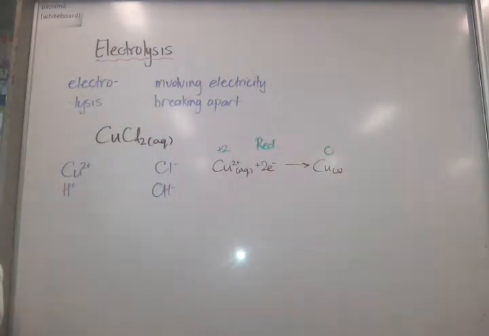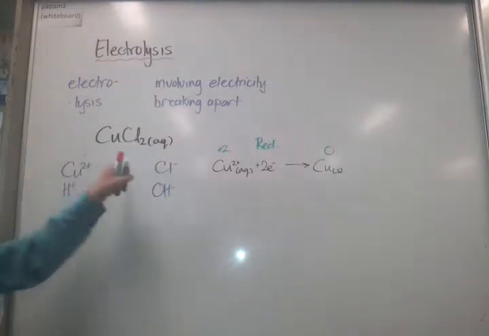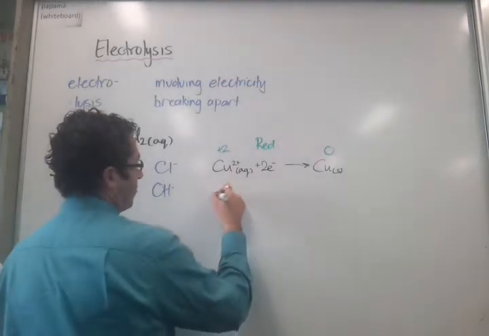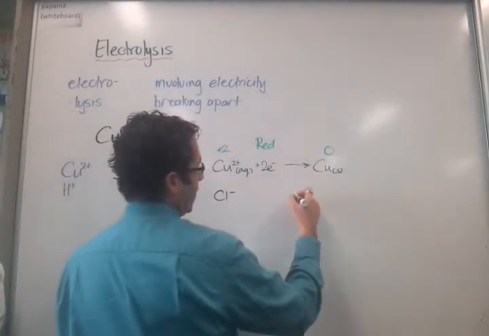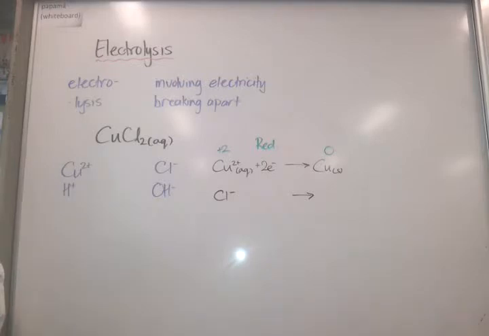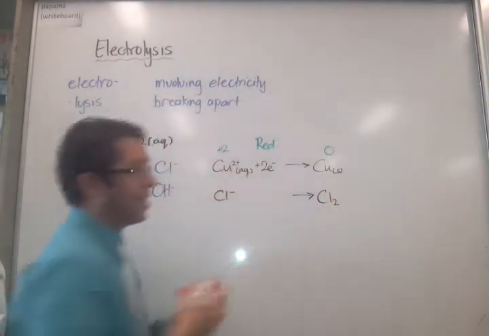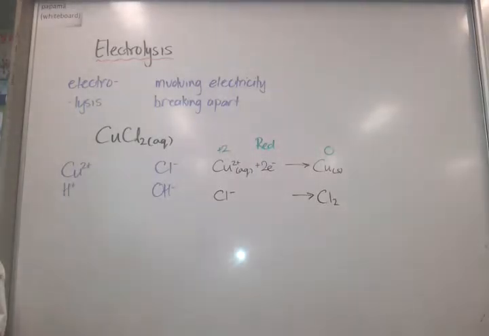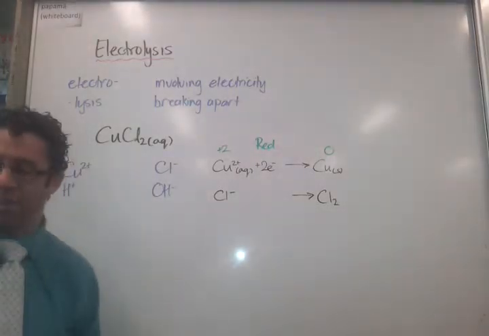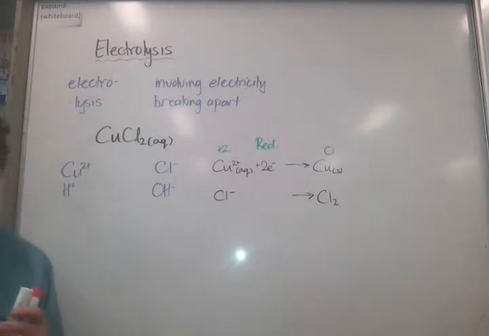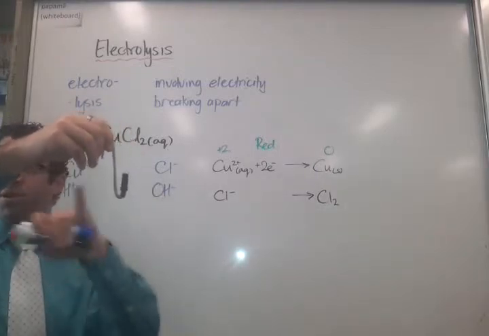If reduction is occurring, then probably we're going to have oxidation occurring as well. Well, not probably, we are. So the chloride can actually be turned into its element as well, which is chlorine. And just a little note on that. When you do this, you're going to be putting a test tube over the top of each electrode, which is the site where the electricity causes oxidation and reduction.